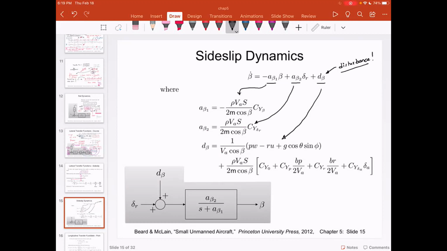Now, some of you may ask me this question. We are always talking about this disturbance. Is that really a disturbance? The answer to that question is no, it's not really a disturbance, but it is an artifact of coupling in the differential equations. For example, a slight change in one state causes a change in the other state.